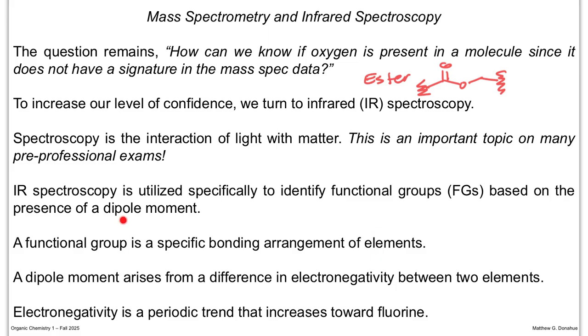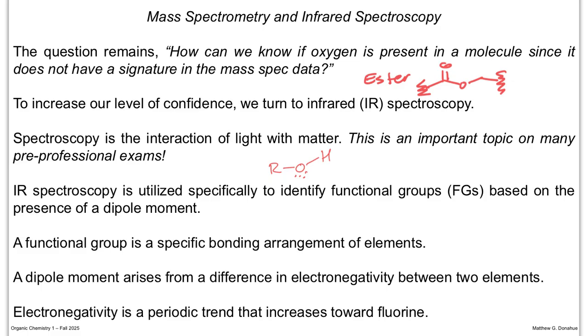And practically speaking, the way this works is the IR light is interacting with a bond dipole. So say we have an alcohol where R is the rest of the molecule. So alcohol is the OH bonding pattern.